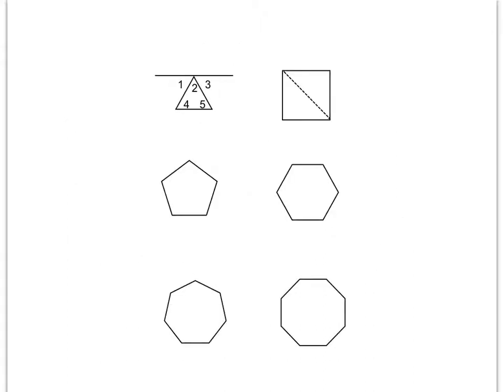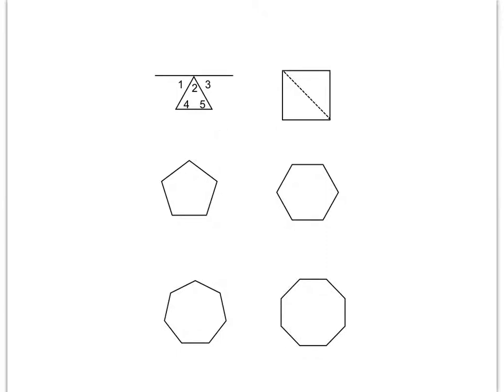Okay, let's talk for a minute about the sum of the interior angles in a polygon. We already know from chapter 3 that the interior angles of a triangle add up to 180, and we proved that using alternate interior angles.